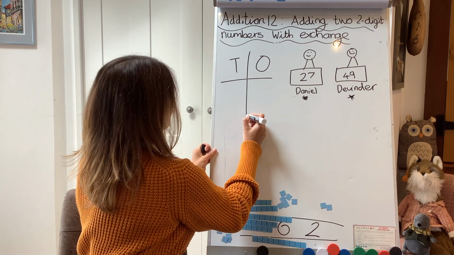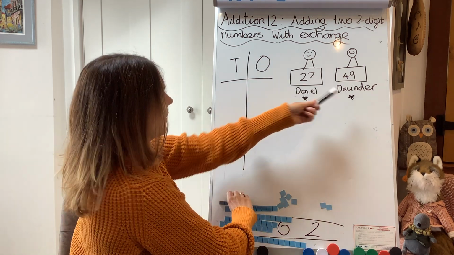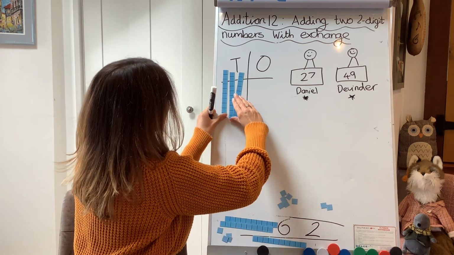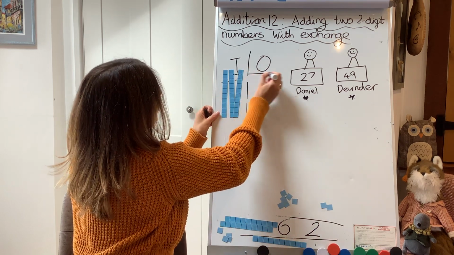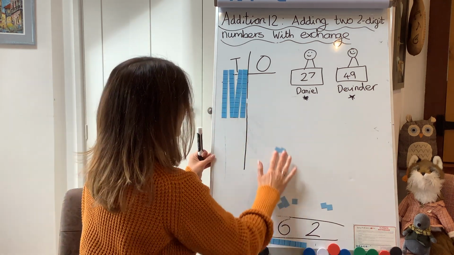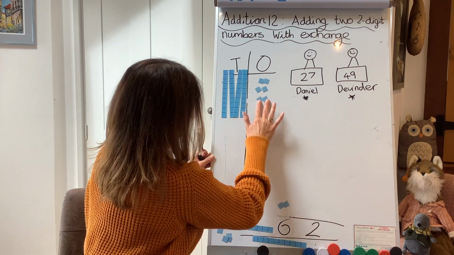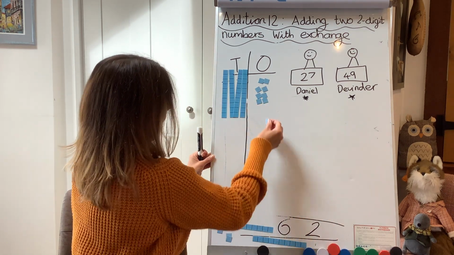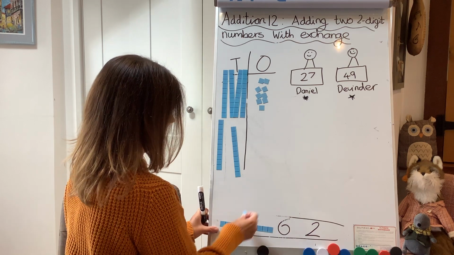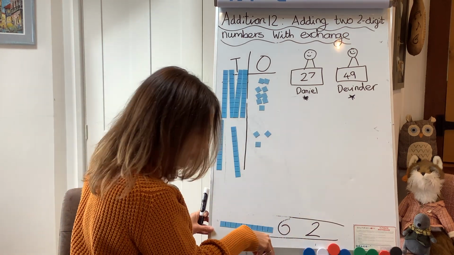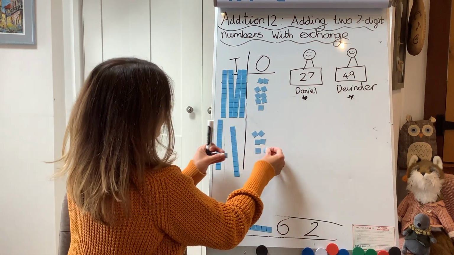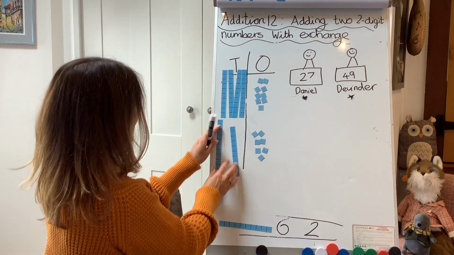What we can do, we can break 49, partition it into 4 tens and 9 ones, and then we can partition our 27 into 2 tens and 7 ones. Okay, so now we can add our numbers together.